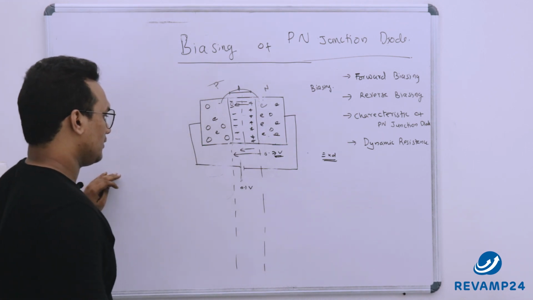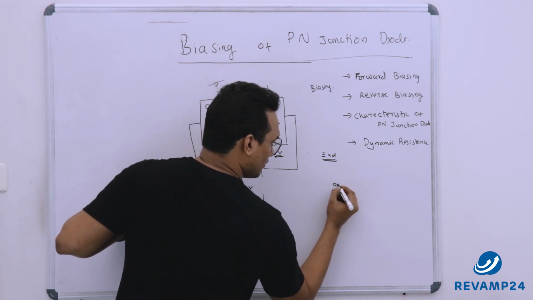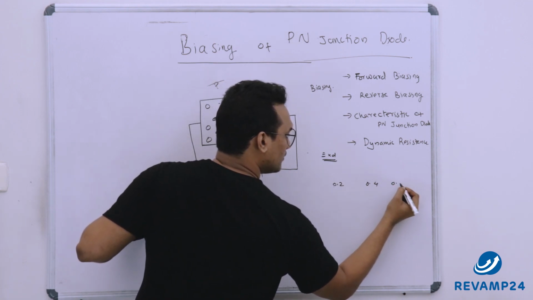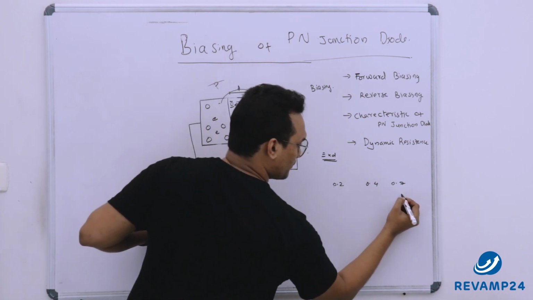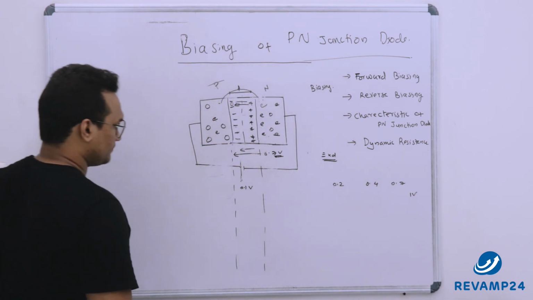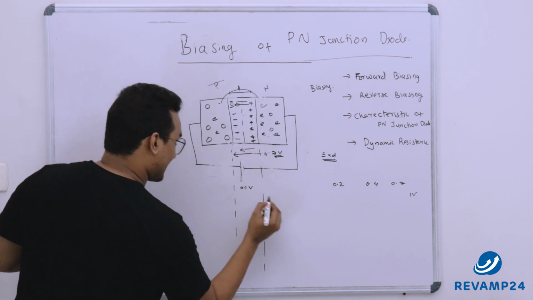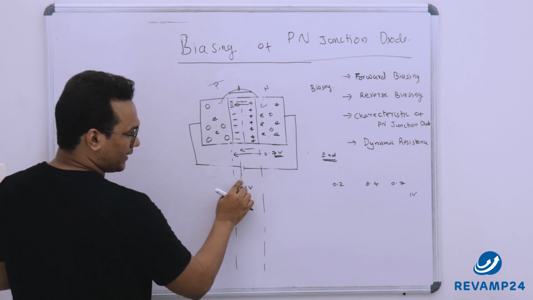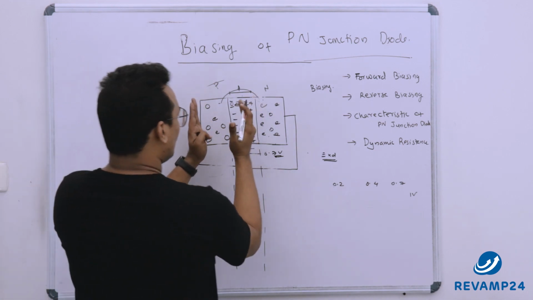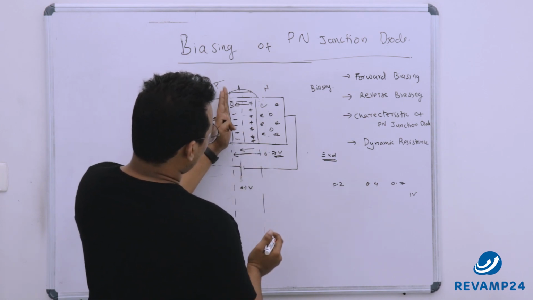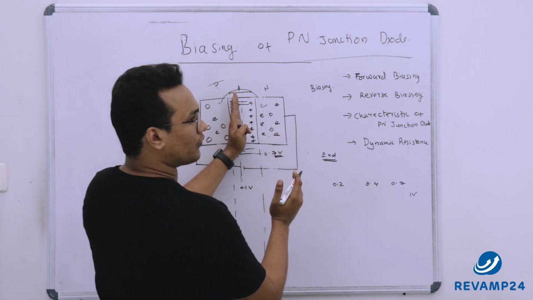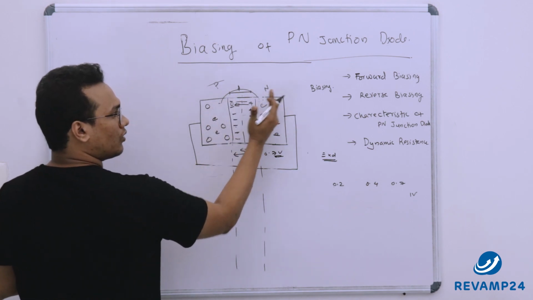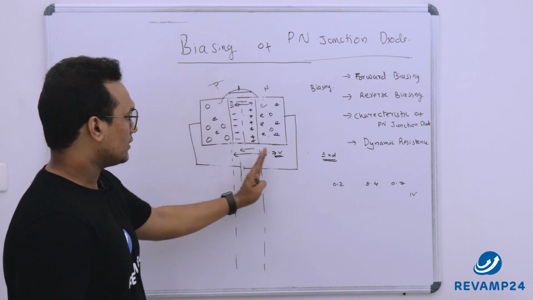So I am applying potential differences of 0.1, 0.2, then 0.4, then 0.7, then 1 volt. When I apply 0.2 volt here, this 0.2 volt would push this border a little bit forward, because it is able to do some work, but it is not able to overcome the barrier potential.